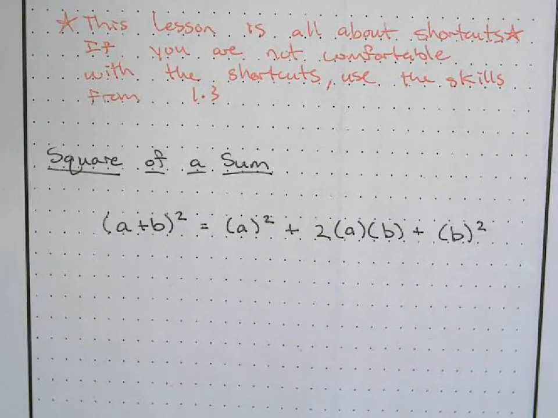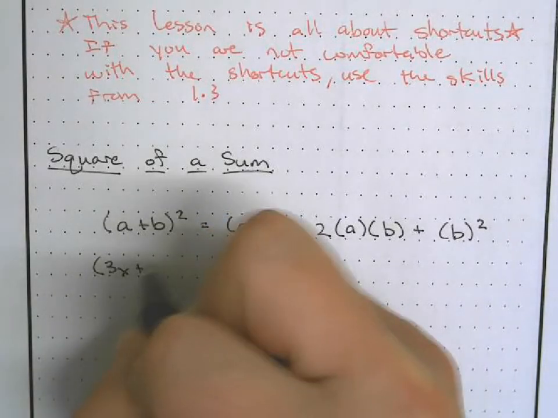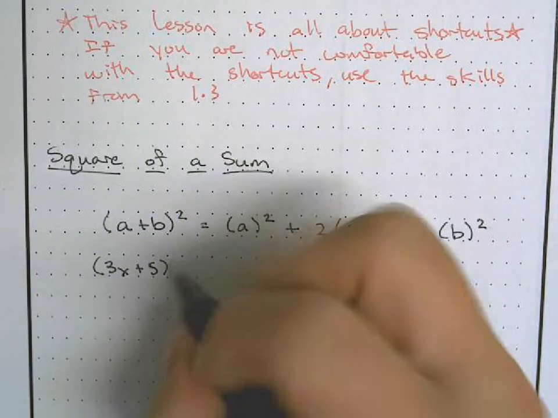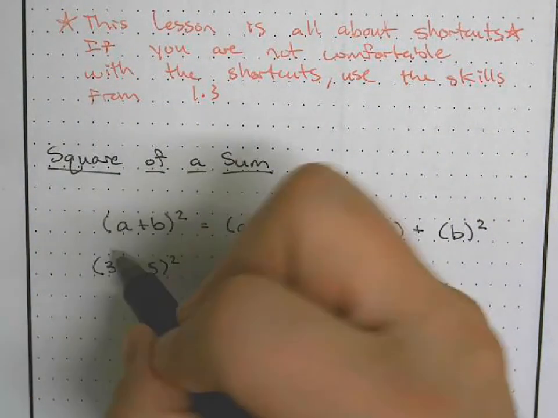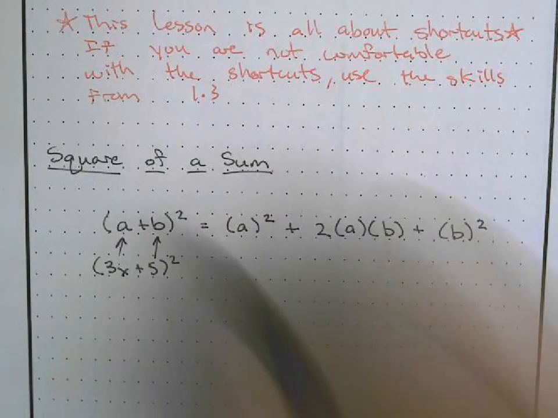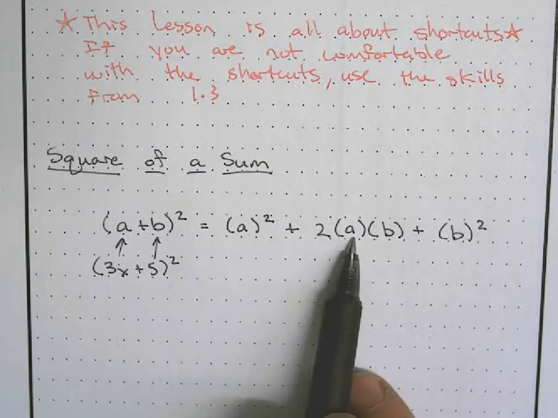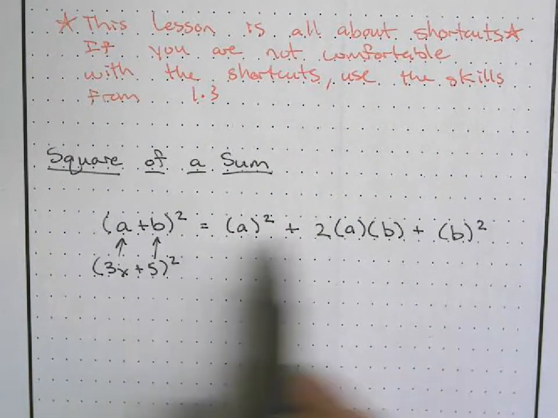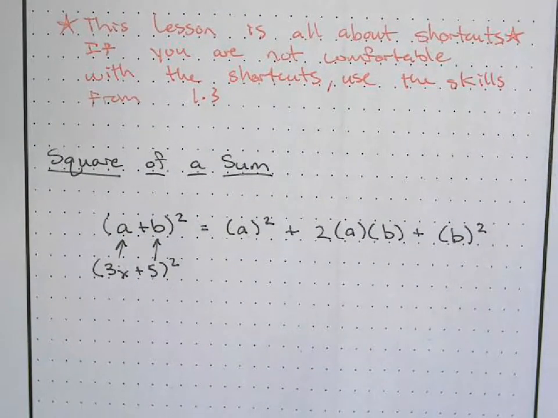So let's look at an example, see if we can make sense of this. So if I had 3x plus 5 squared, the 3x is my a term, and the 5 is my b term. So we're just going to take this 3x and plug it in for a, and we'll take this 5 and plug it in for b, and then we'll simplify.